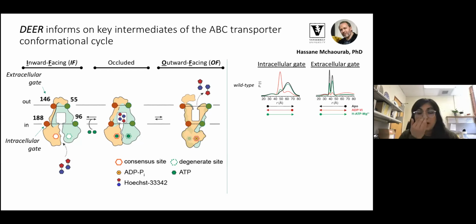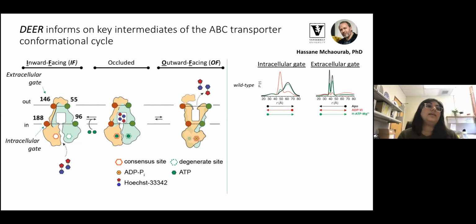Hassane Mchaourab has been studying this mechanism for as long as I can remember, and during my time at Vanderbilt. Hassane is one of the leading DEER spectroscopists in the country. He is at Vanderbilt, and he has spent his career really identifying what these conformational transitions are.